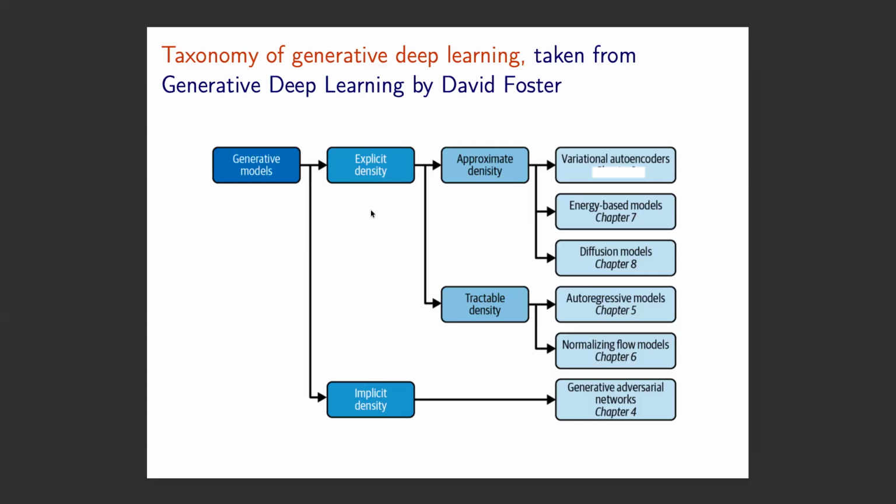So then you're often looking at approximate densities. That leads to methods like variational autoencoders, energy-based models or Boltzmann machines, and then diffusion models. We are going to cover methods like these: variational autoencoders, energy-based models, diffusion models. These are central models in generative modeling.